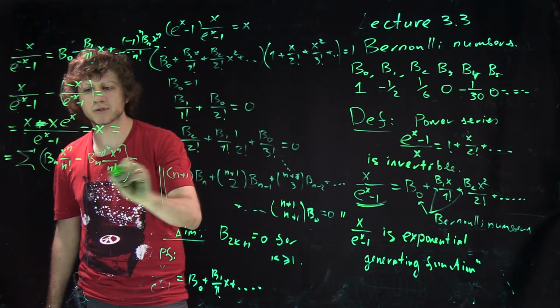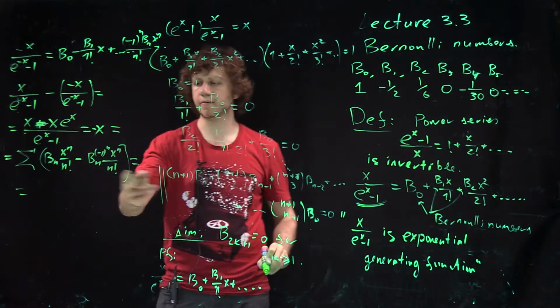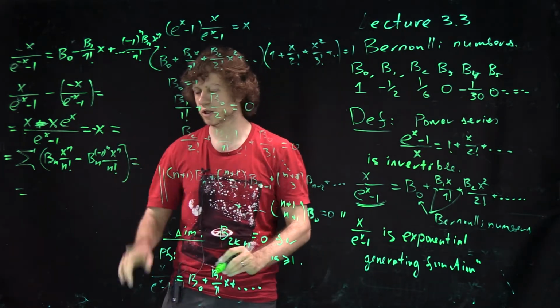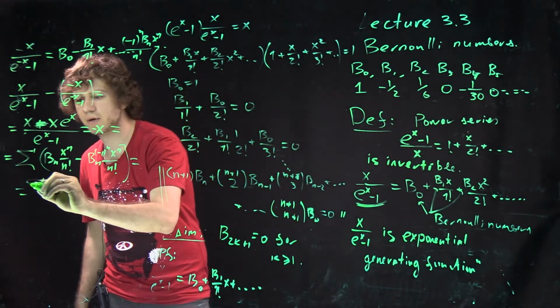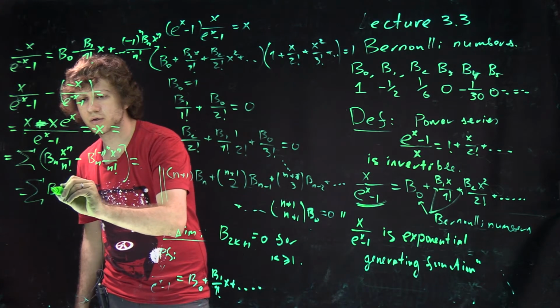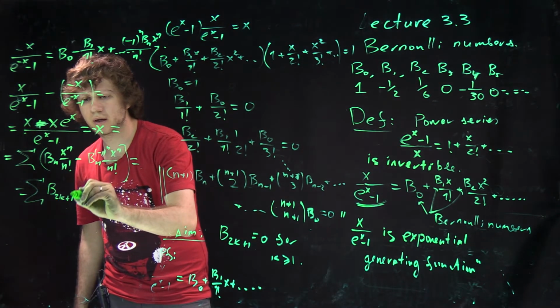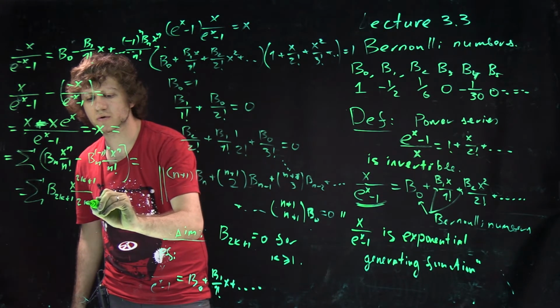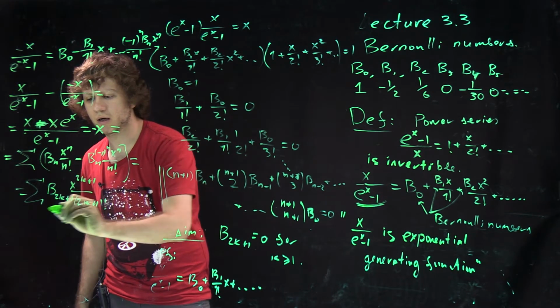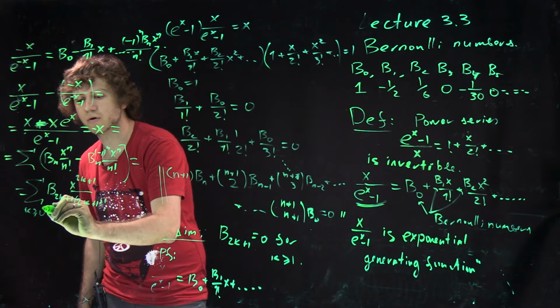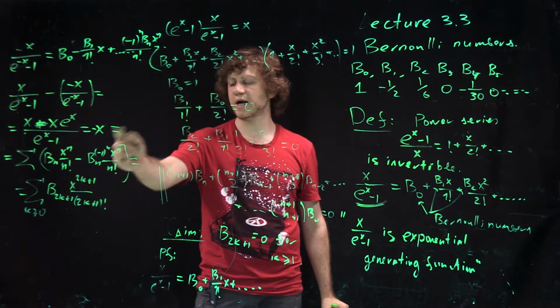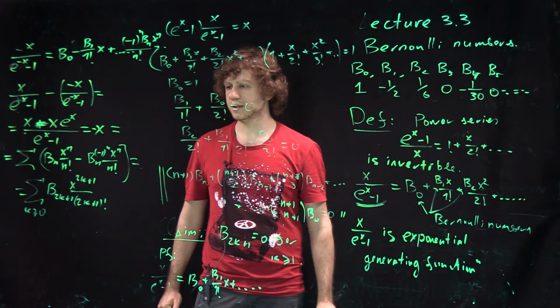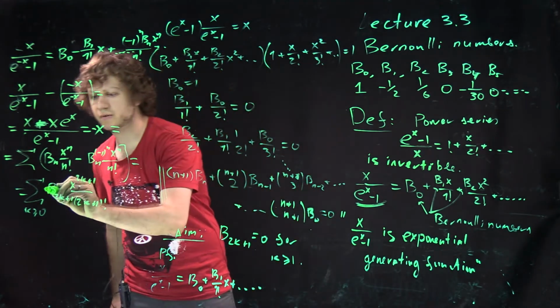Of course, terms with even degree will kill each other, and so I will get the sum of b 2k plus 1 x power 2k plus 1 over 2k plus 1 factorial for k starting with 0, but this is minus x, and each time I will see it twice.